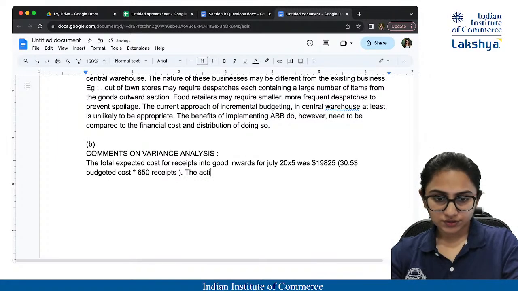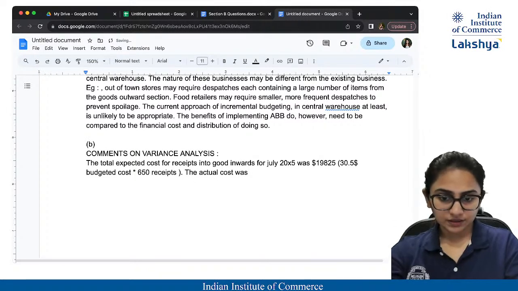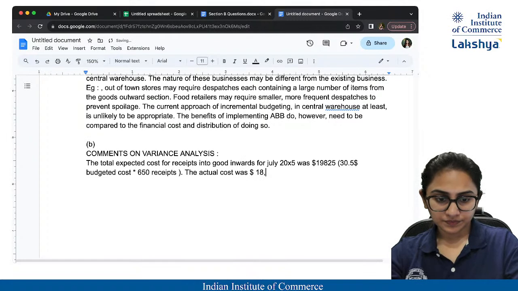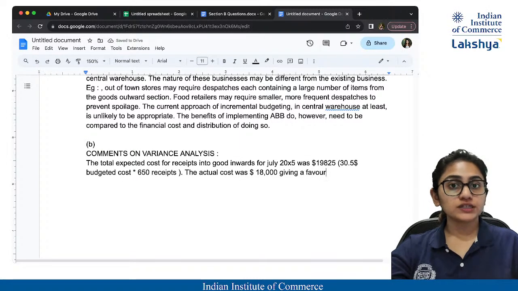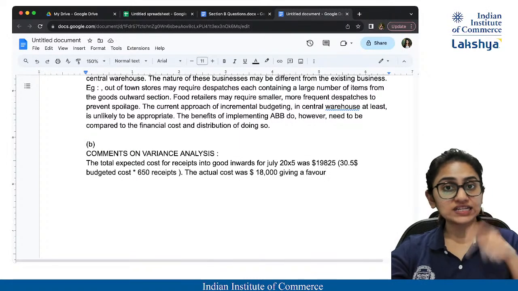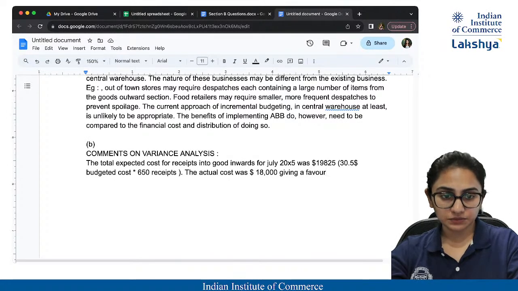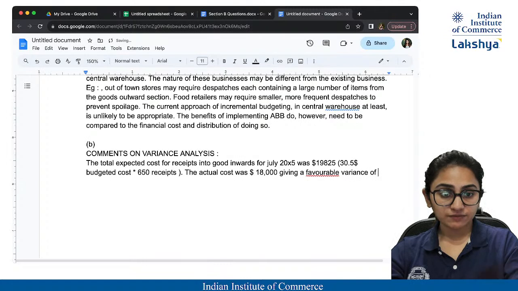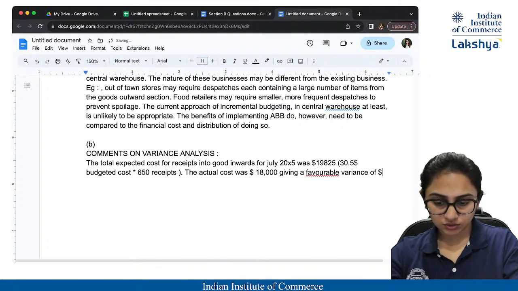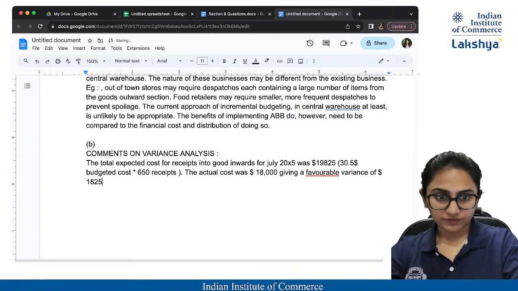The actual cost was 18,000, we just saw. Giving a favorable variance because cost is less, so it is benefit for us. If profit is less, it's not a benefit. So if profit is less, it's unfavorable, but since cost is less, it's a favorable variance of 19,825 minus 18,000. So how much? 1,825.